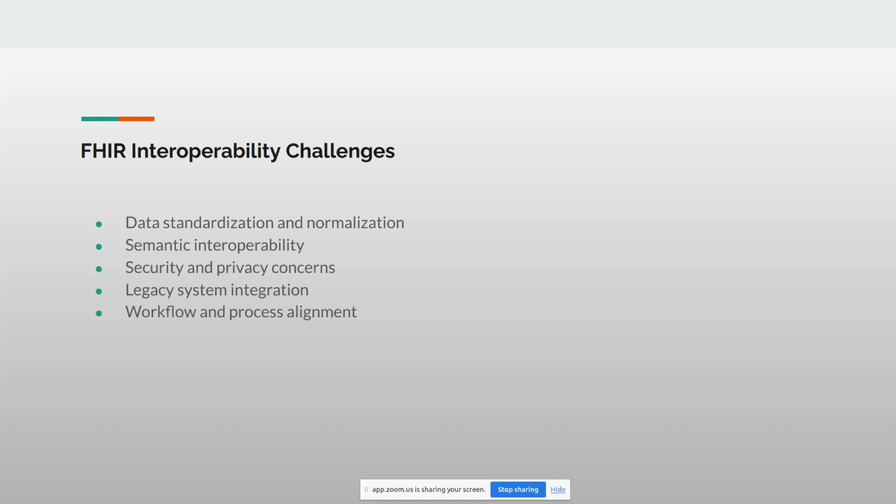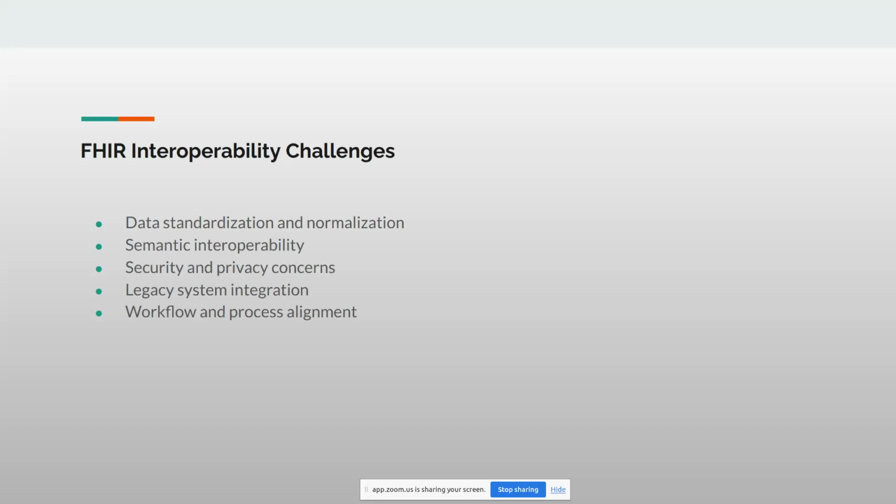An example for that is LOINC codes. A specific LOINC code for a specific medical condition would be the same across all systems. That kind of coding system is used in FHIR for this kind of semantic interoperability.